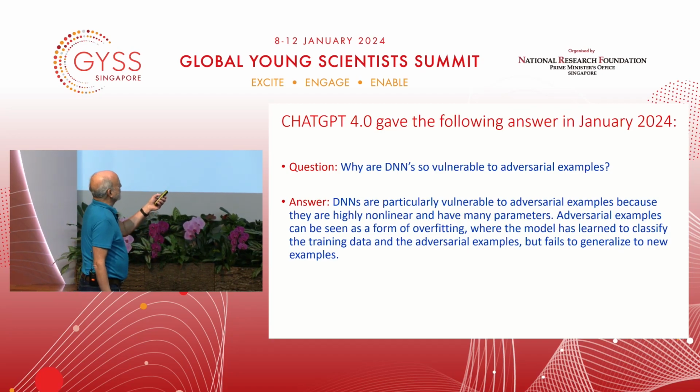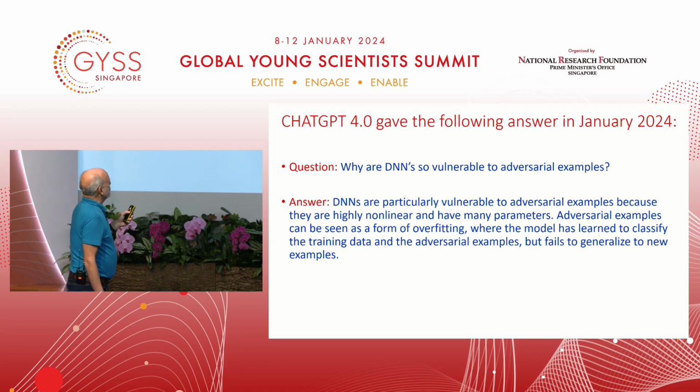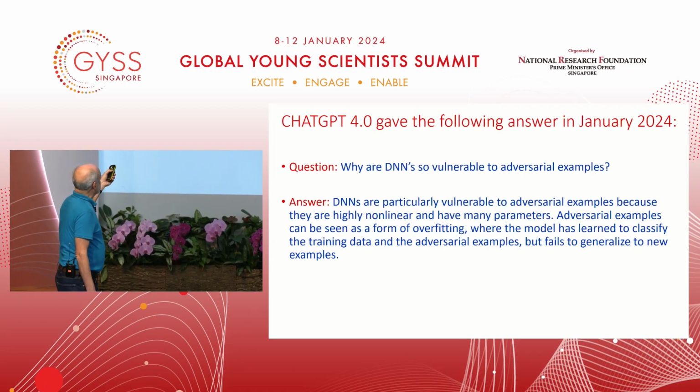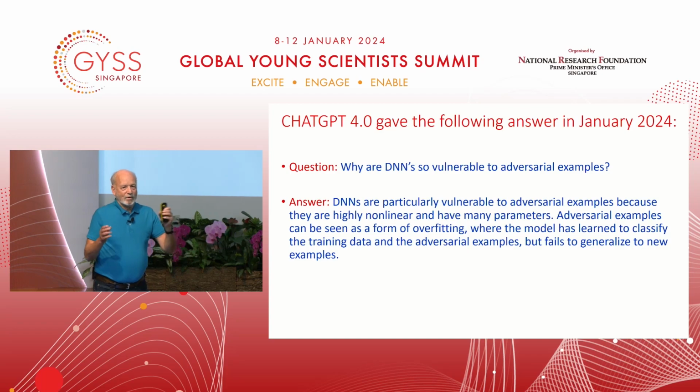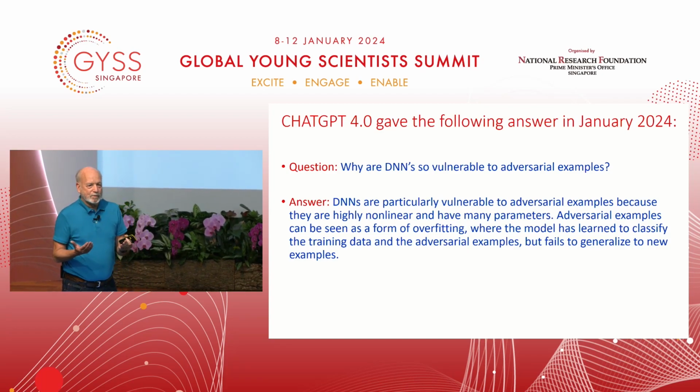Then it says something totally stupid. Adversarial examples can be seen as a form of overfitting, where the model has learned to classify both the training data and the adversarial examples, but fails to generalize to new examples. Totally wrong, because it was never shown examples of adversarial examples during its training. So it didn't learn how to recognize them.